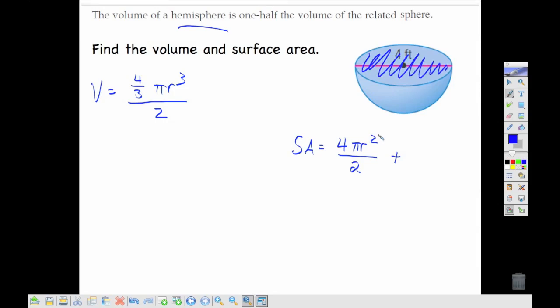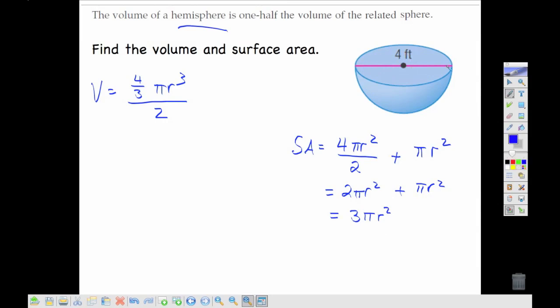But then notice that there's another new surface on the outside of this, and that's the great circle. It's going to be using the same radius, so I have to add that circle there. It's kind of like adding a base to this, pi r squared. If I simplify this formula, this part will give me 2 pi r squared, plus, again, that great circle there, pi r squared, will give us 3 pi r squared.